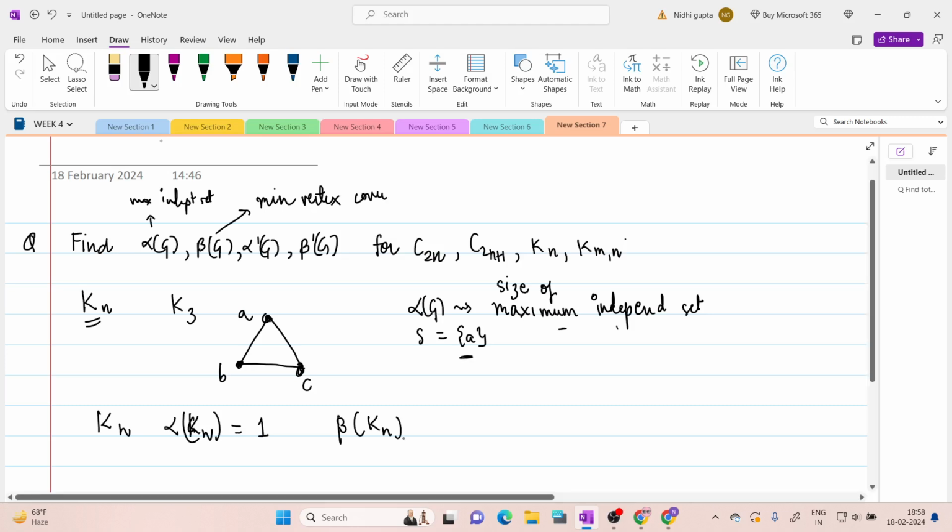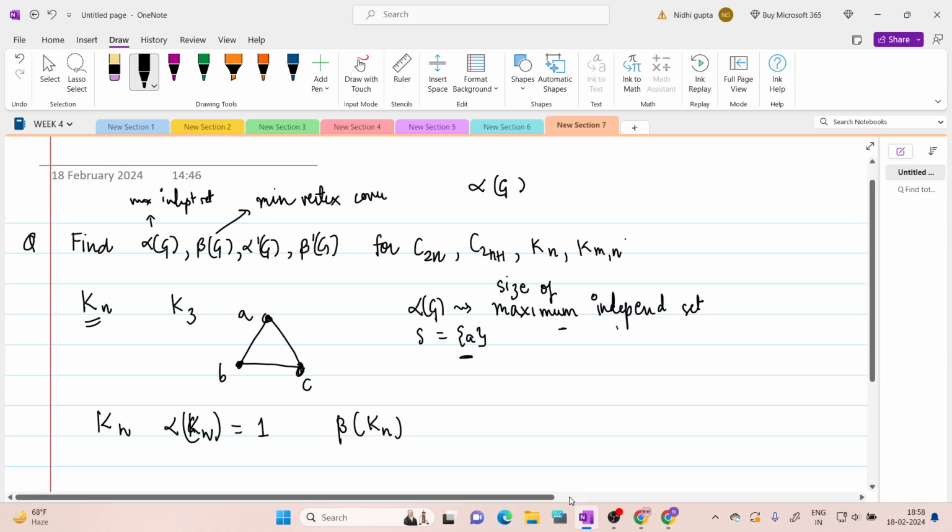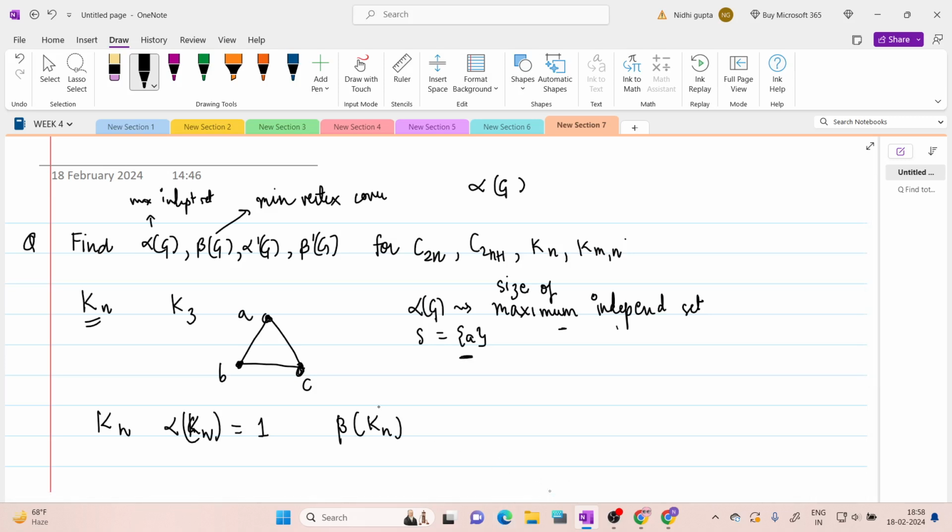So what is beta Kn, the minimum vertex cover? And also we have this theorem that alpha g plus beta g equals the order of vertices. For K3, you are saying the minimum vertex cover is A, and minus edge minus 1.